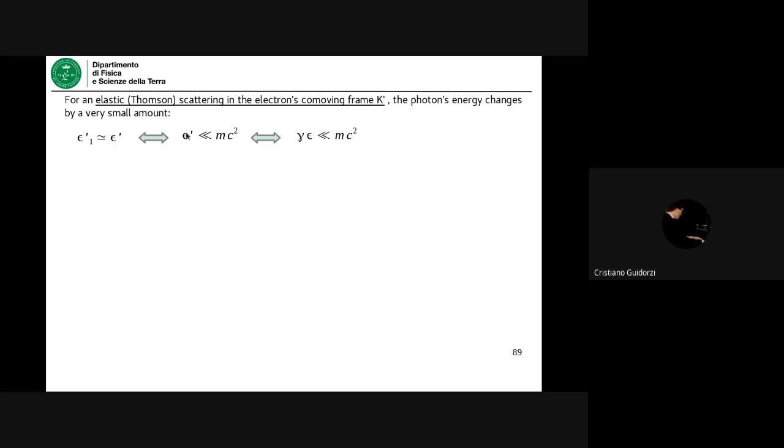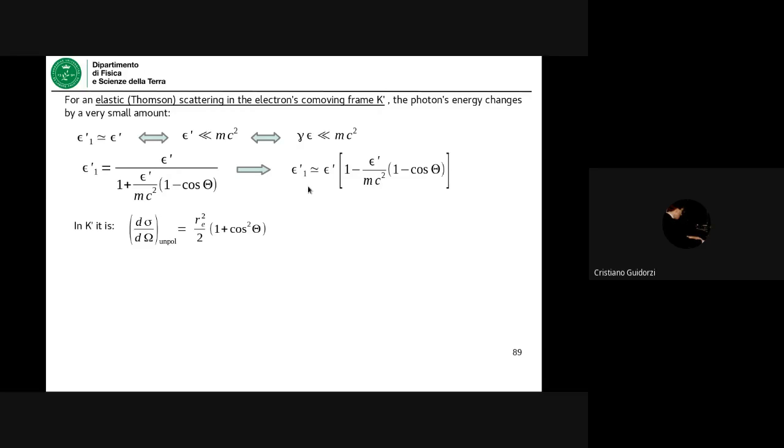So in order for the Thomson scattering to be valid in the comoving frame, the condition on the photon's energy and the electron's Lorentz factor in the lab frame has to be this. In that case, the denominator is something very small, very close to 1. So for example, if you Taylor expand, when you have the denominator 1 plus something small, you can just consider it as a multiplying factor 1 minus that something small, okay?